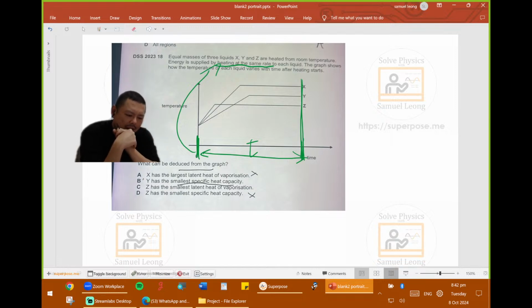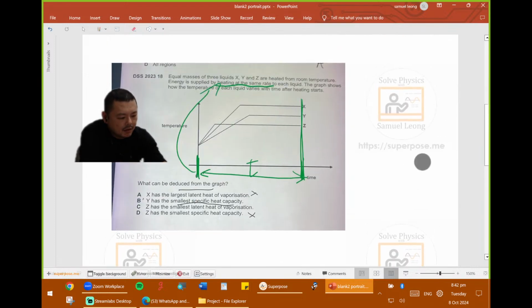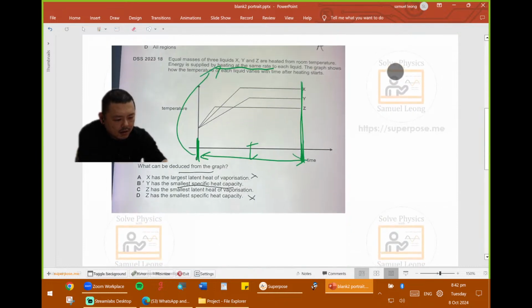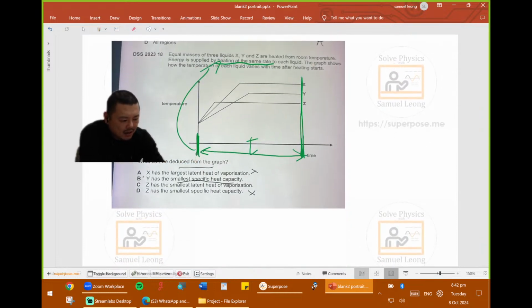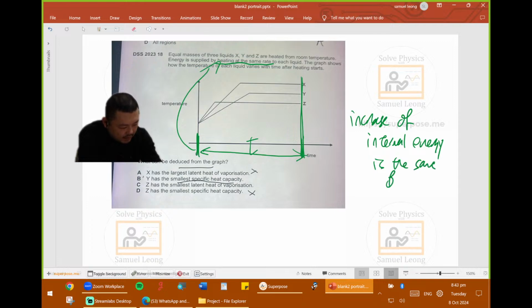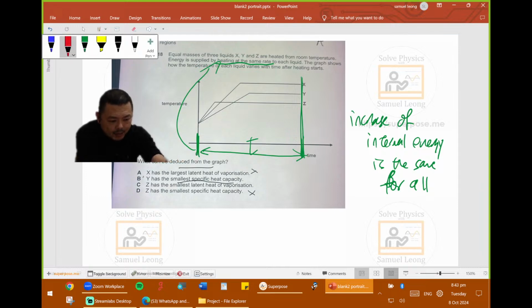Do you understand that their increase of internal energy is all the same? Why? Very good. Yeah, it is, right? Increase of internal energy is the same for all.